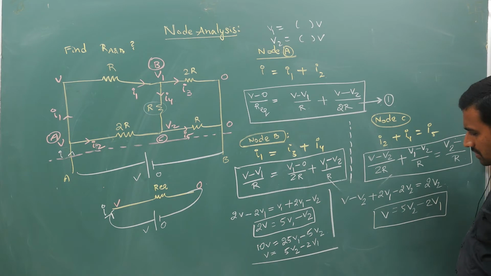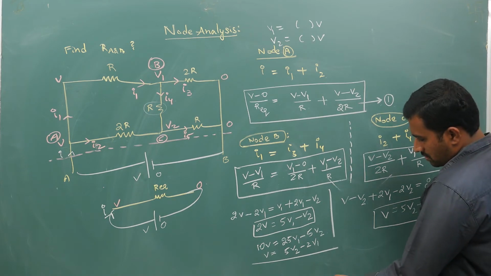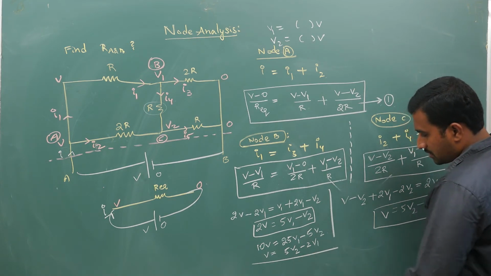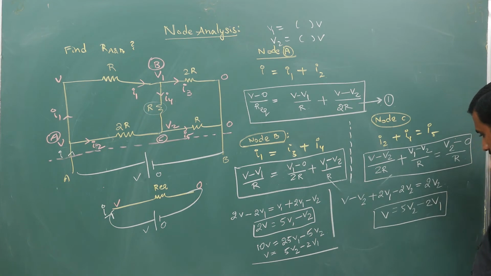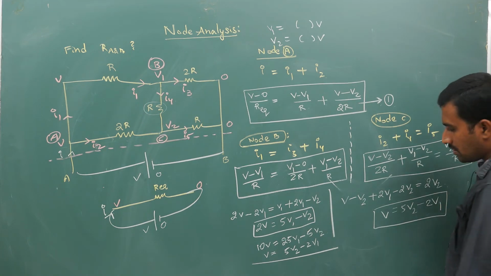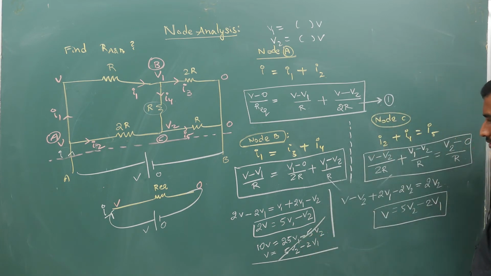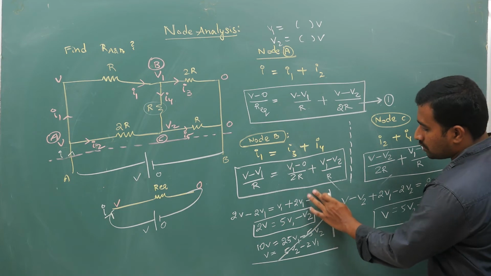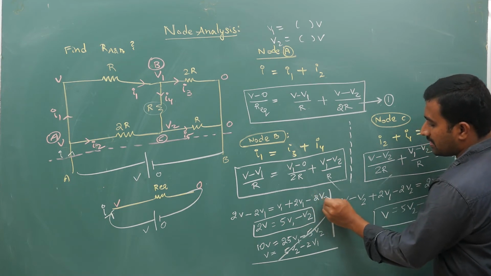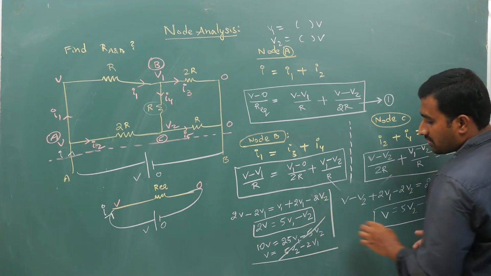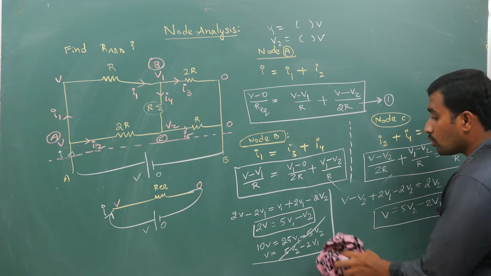So if you simplify, plus 5 minus 5 is cancelling off. Let me check the solution. Is this correct? This is 2V2. I have done it wrongly. It is 5V1 minus 2V2.